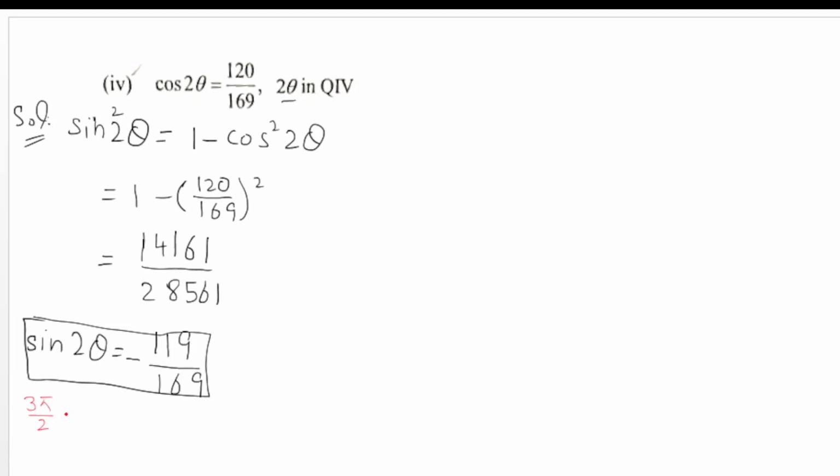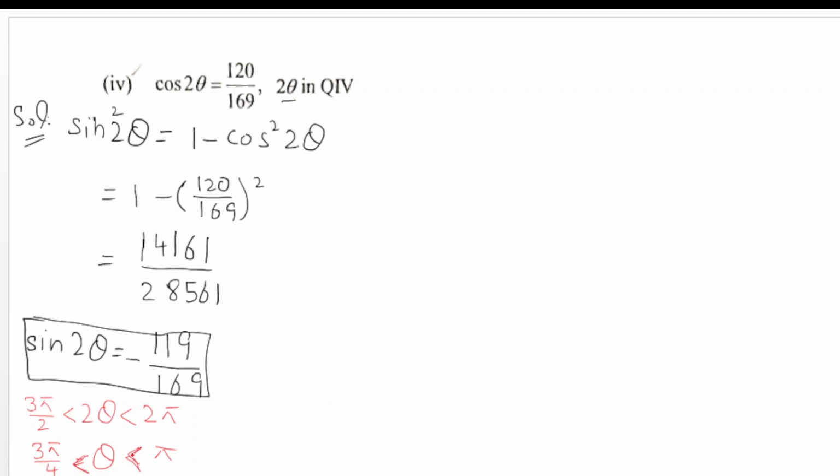So 2 theta is greater than 3 pi by 2 and less than 2 pi. We'll divide by 2 on all sides. So that gives 3 pi by 4 less than theta less than pi.